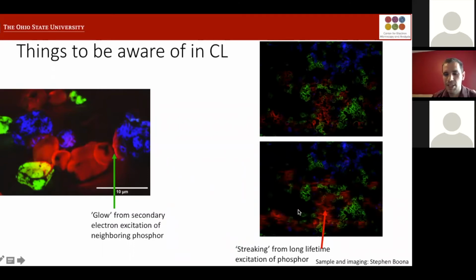So if you try and go at really high scan speeds, even if you have enough signal, the phosphors are going to emit for a long amount of lifetime and you'll end up with streaking. So you can either bring your dwell time very far down, so it'll take a long time at each pixel, so hopefully about 3 pixels down, you won't be getting emission from the ones before it, or you can just increase your number of pixels as well. It'll take about the same amount of time.